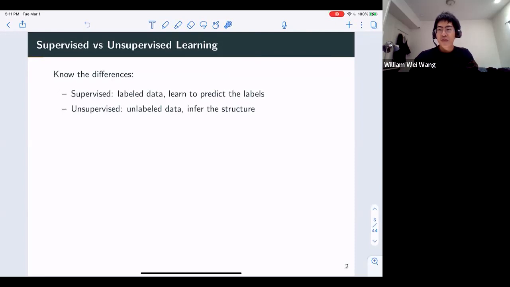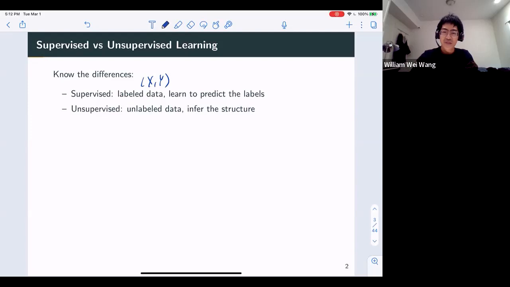For supervised versus unsupervised learning, you should at least at a high level know some differences between these paradigms. In one, you're given labeled data, which is like x, y pairs, right? So different points now have a label. They can be +1, -1, or their labels can be a real number, and then you want to try to predict them given the x's.